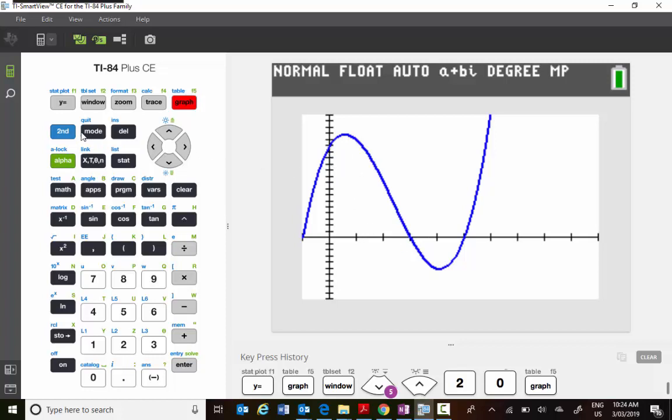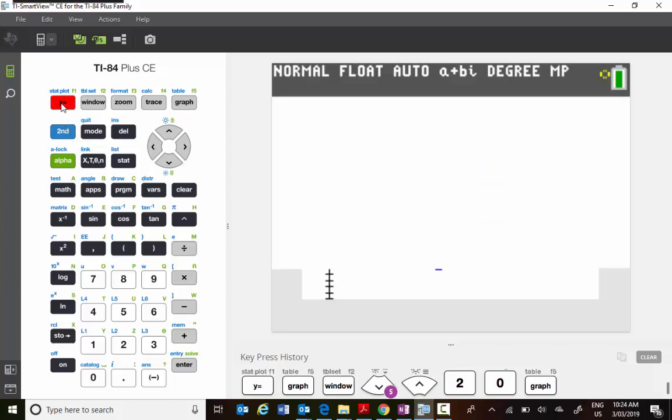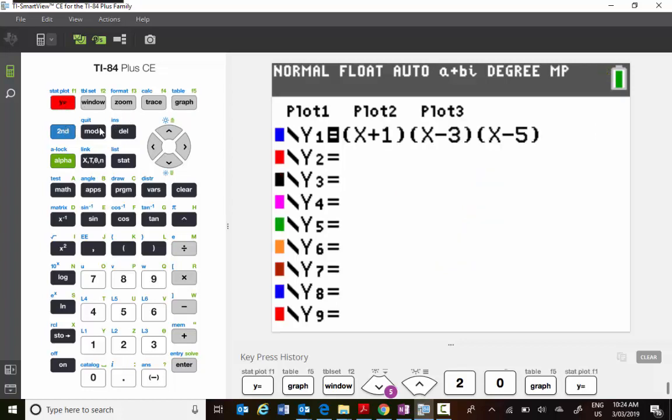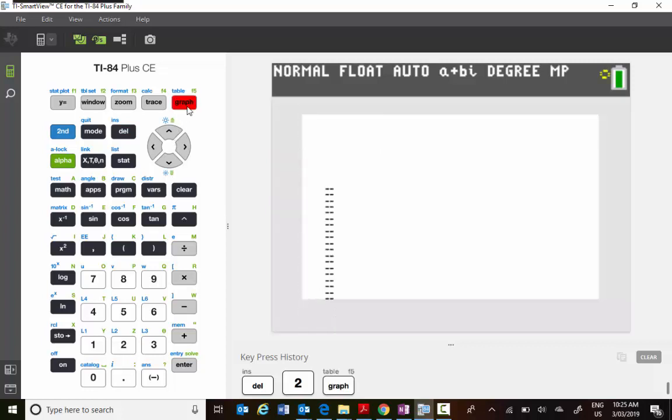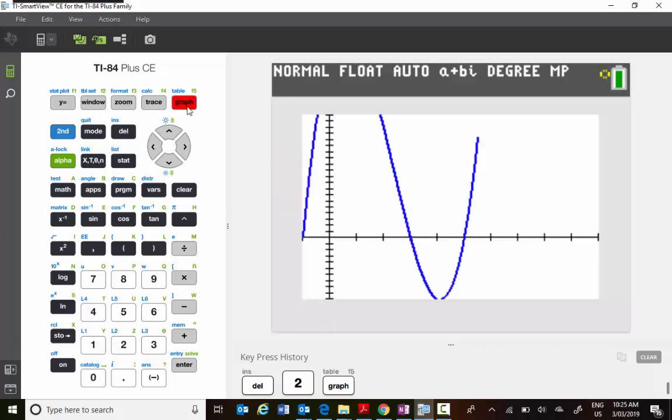All right, now what would happen if I change the equation a little bit over here? So let's say I go to my second function, insert, and put in the value of 2 and graph that. All right, now it goes over the thing. So I think what it's done is doubled the actual turning points. It's doubled every point on the graph.